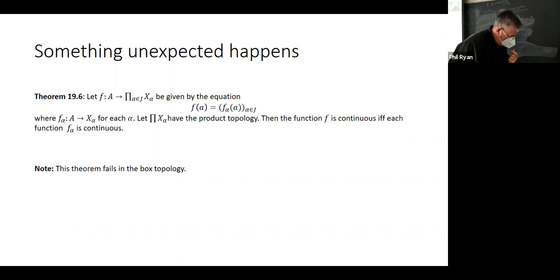But in the product topology, a sub-basis element is something of the form pi alpha inverse of an open set, and the reason for this, of course, is because we can sort of generate any basis element from that.